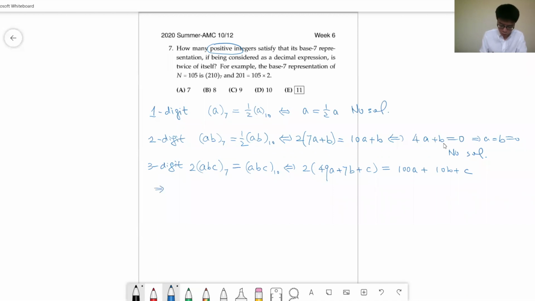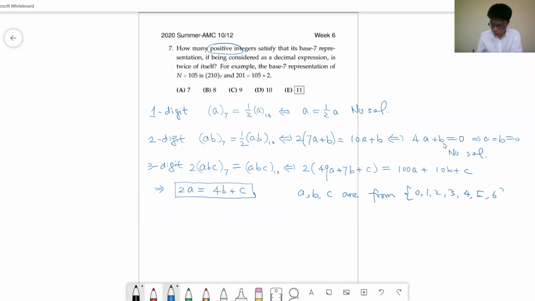This is 98A, so 2A equals 4B plus C. So we have this equation. And of course, because A, B, C is a base 7 representation, these digits are from the set 0, 1, 2, 3, 4, 5, 6. That's all. We have this many choices.